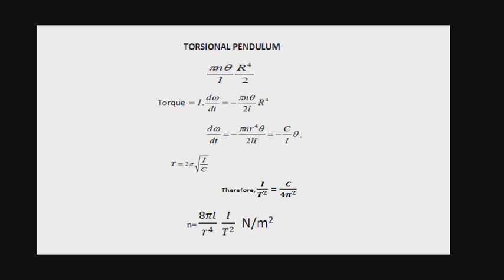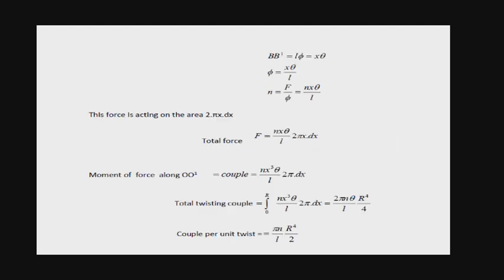A heavy object suspended from the end of a fine wire rotating about an axis constitutes a torsional pendulum. Let theta be the twisting angle. The restoring couple set up in it is equal to pi eta theta divided by L into r to the power 4 divided by 2, from this derivation.